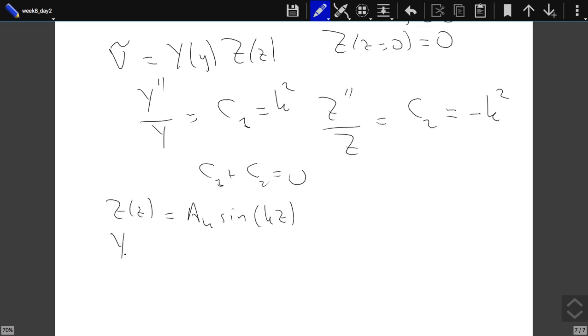Secondly, Y of y should be equal to bk times e to the power ky plus ck times e to the power minus ky. Not necessarily.